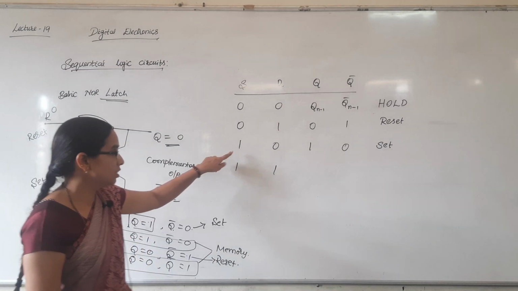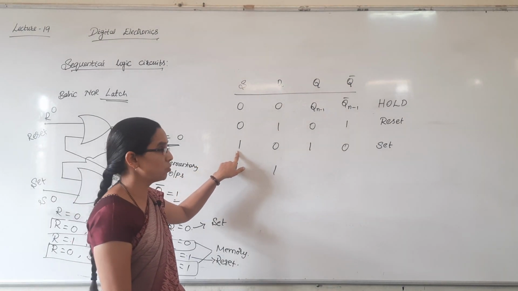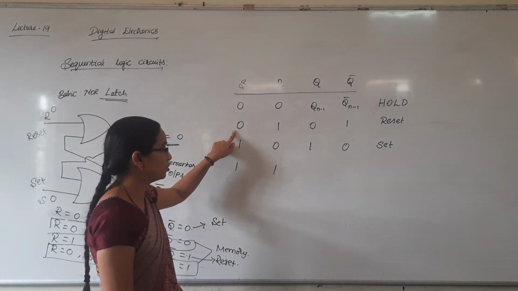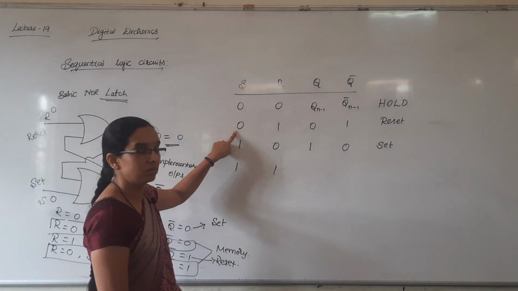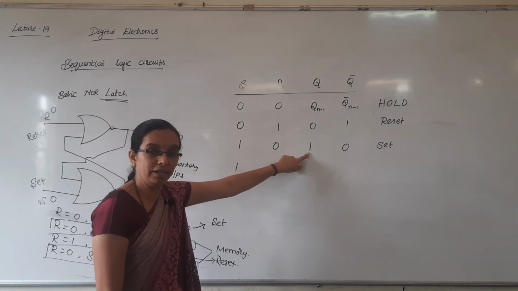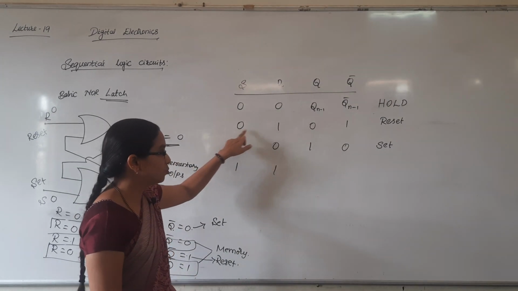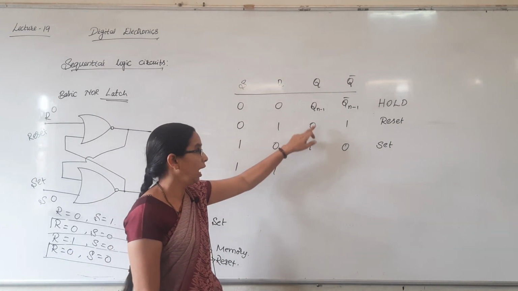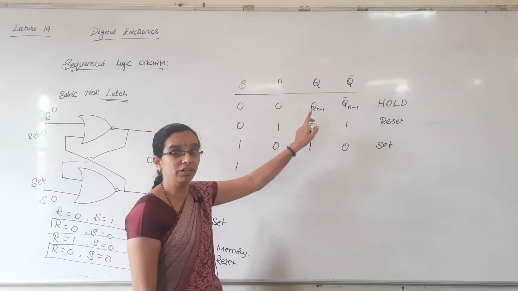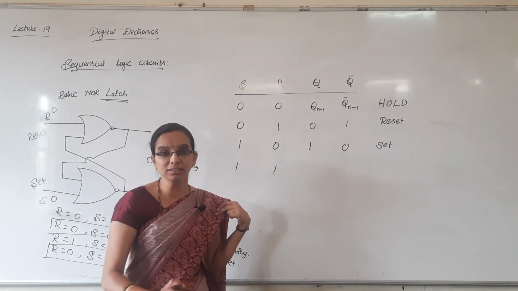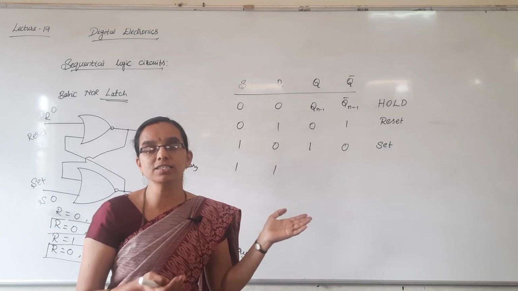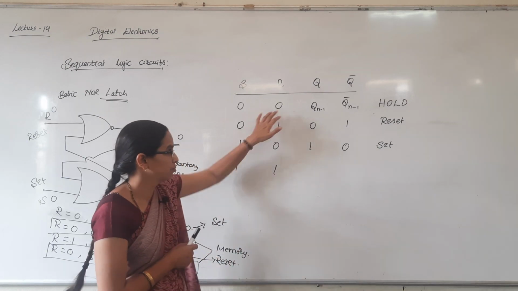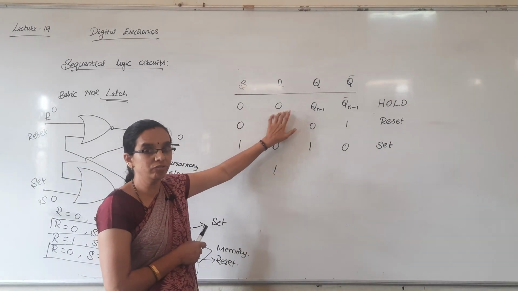In this input condition we could store 0, in this input condition we could store 1, and for the 0 0 condition we can retain, holding the status of the circuit at the previous output only, that means memory. This is the state of memory.